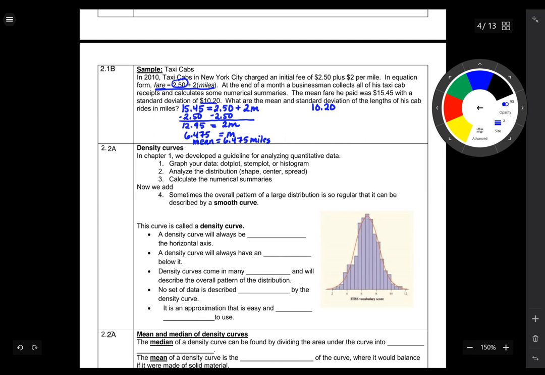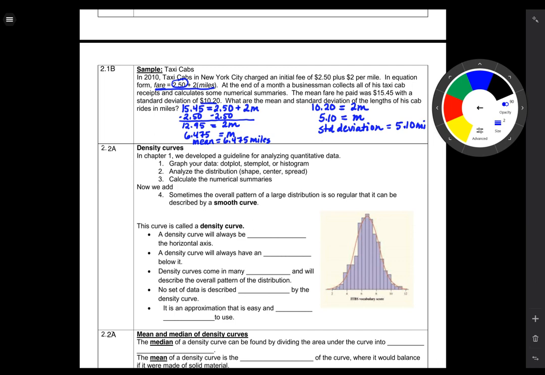So $10.20 is equal to 2m because we don't care about the 250. That's just adding. So divide by 2 and m equals 5.10. So the standard deviation is 5.1 miles.